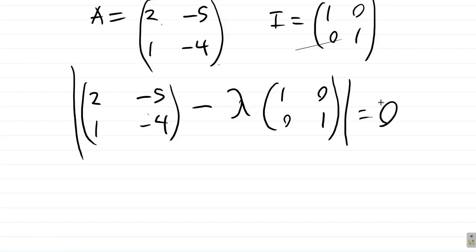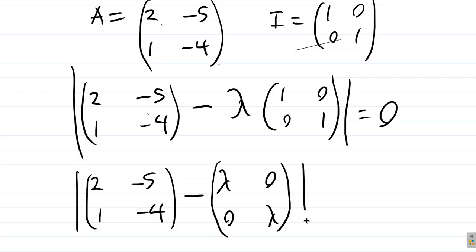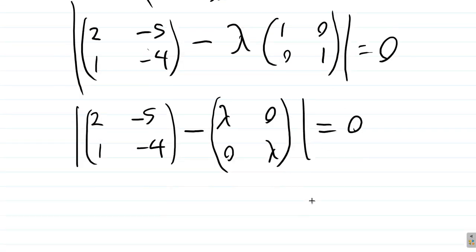Alright? Now let's look at something here. You have 2, negative 5, 1, negative 4, minus, when you multiply lambda by this, you get lambda 0, 0, lambda, right? Because when you multiply a matrix by a scalar, you multiply the number by each element in the matrix. Now, you can subtract them.